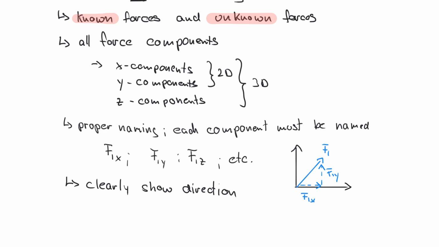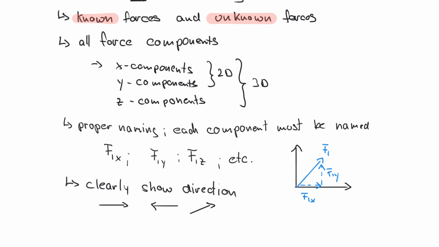So in other words, when we talk about clearly show directions, you have to provide arrowheads in any direction, not just if it coincides with the XYZ direction. It does not matter. You always have to show the arrowhead, even if it's like a diagonal line or whatever you have in your diagram. Always include that.